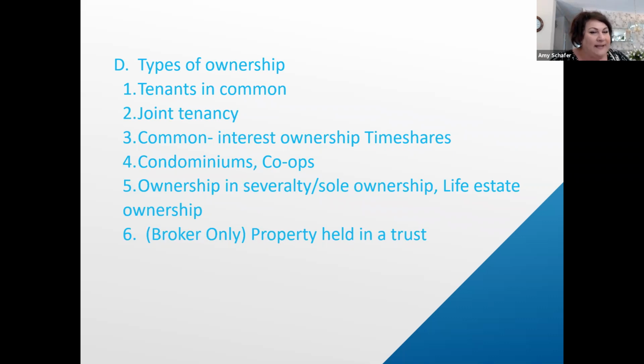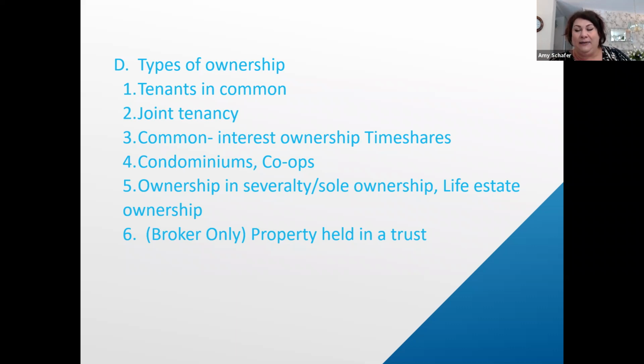The next one, and this is the last category, is types of ownership. And I absolutely think that you will have a question around joint tenancy and tenants in common. So tenants in common is when we own a percentage of the property.